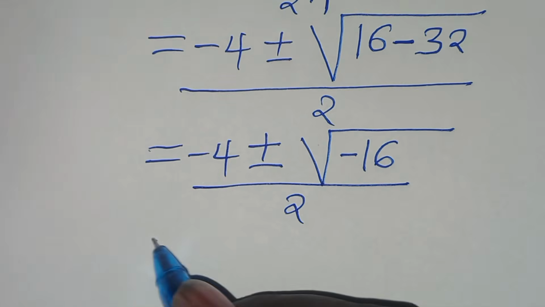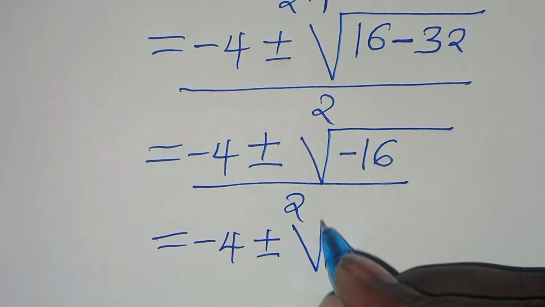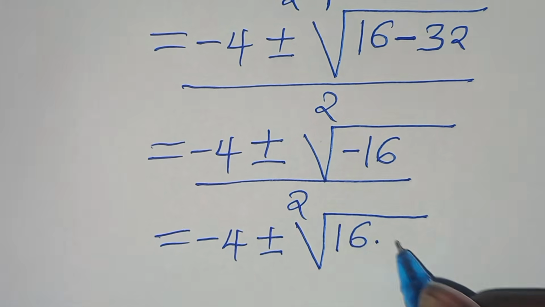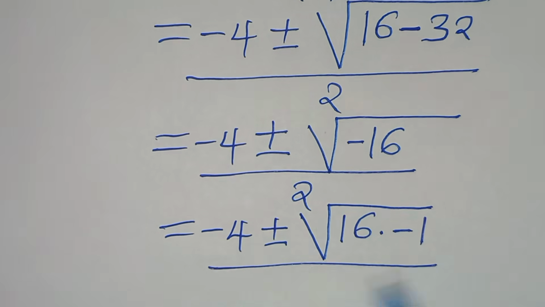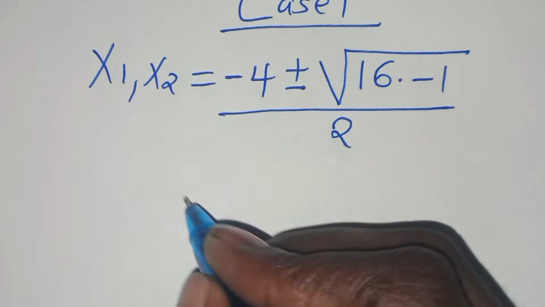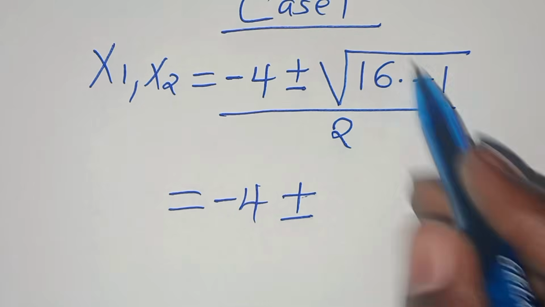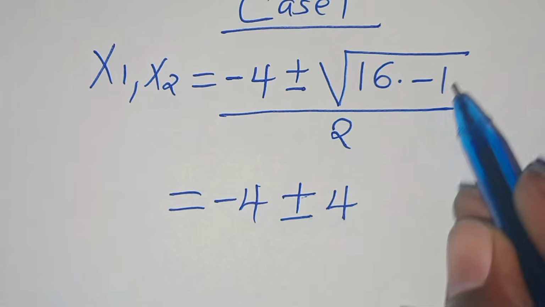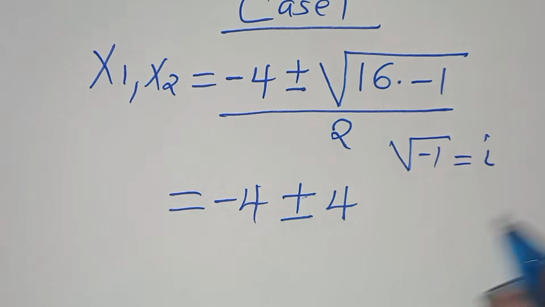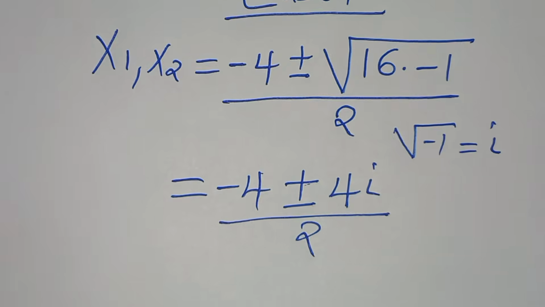This is the same thing as the square root of 16 multiplied by negative 1. So the square root of 16 is 4, and the square root of negative 1 is i, so we have 4i divided by 2.